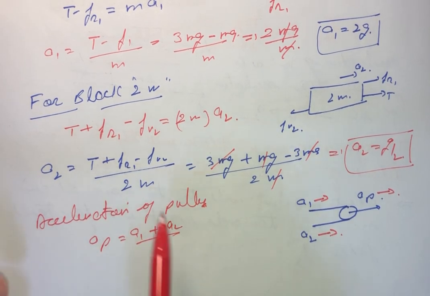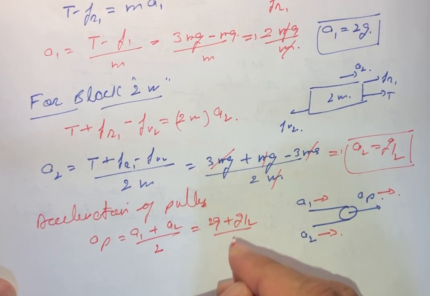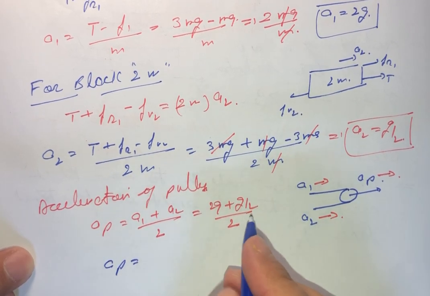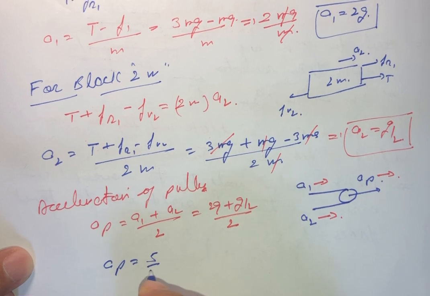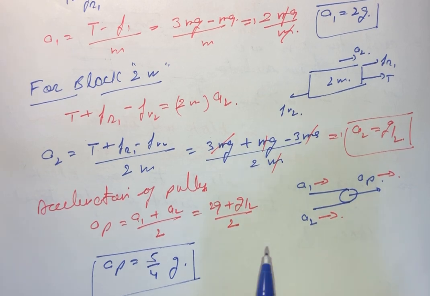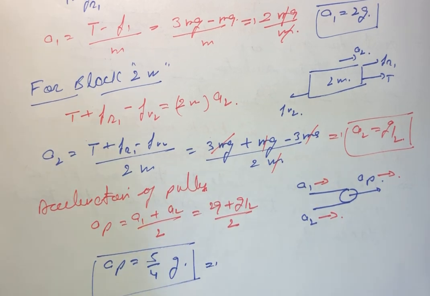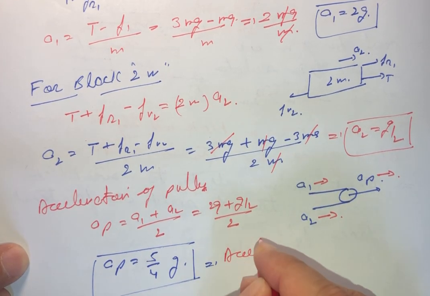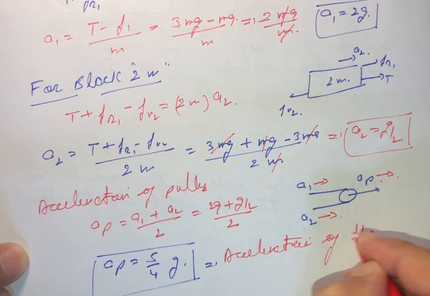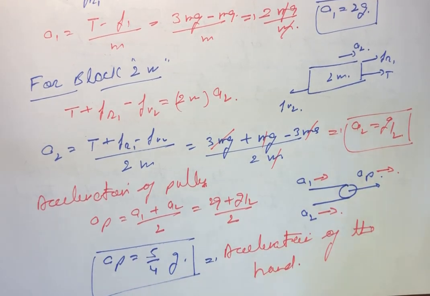We substitute the value. A1 is about 2g and this is g by 2 divided by 2. So we get our AP as 5 by 4 multiplied by g. So this is nothing but the acceleration of the hand, because hand is pulling the pulley. This completes the question. Okay. Thank you.